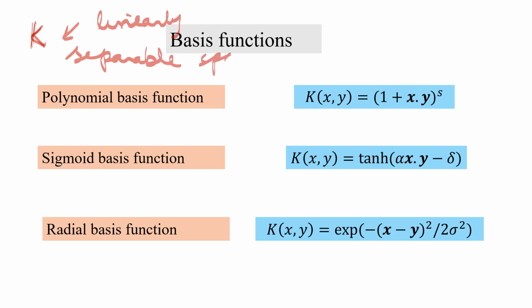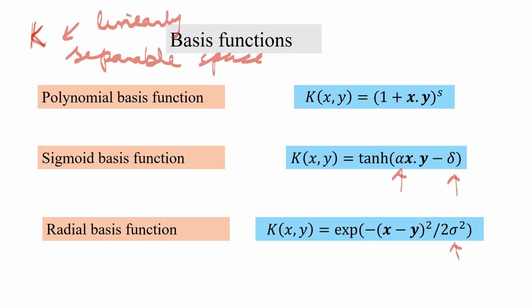So some popular basis functions: the polynomial basis function, defined as k(x,y) equal to 1 plus x dot y raised to the power s; sigmoid basis functions, where tanh of alpha x dot y plus delta, where alpha and delta are the parameters; and the radial basis functions, where again sigma is the parameter.